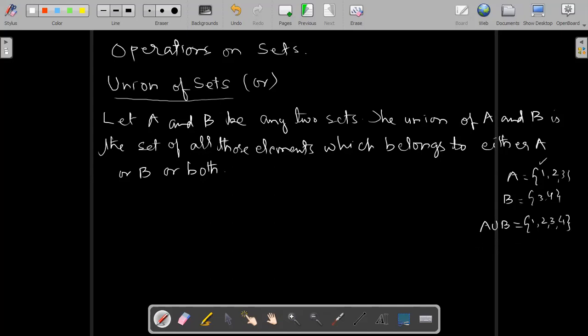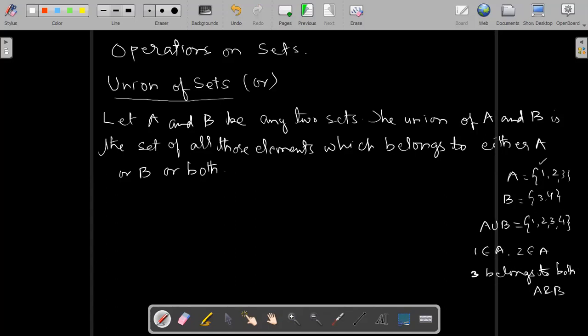Now you can see that 1 belongs to A only. Correct? 2 belongs to A only. But 3 belongs to both A and B. So this depends.